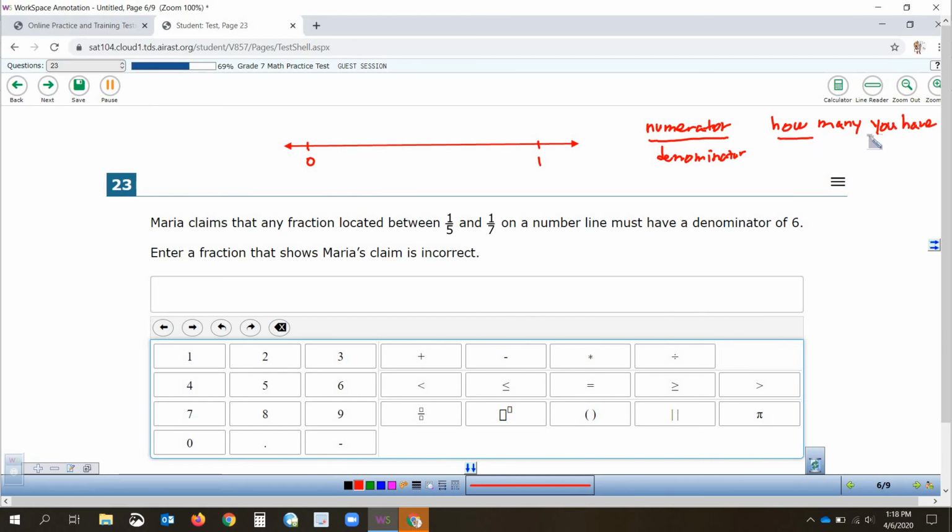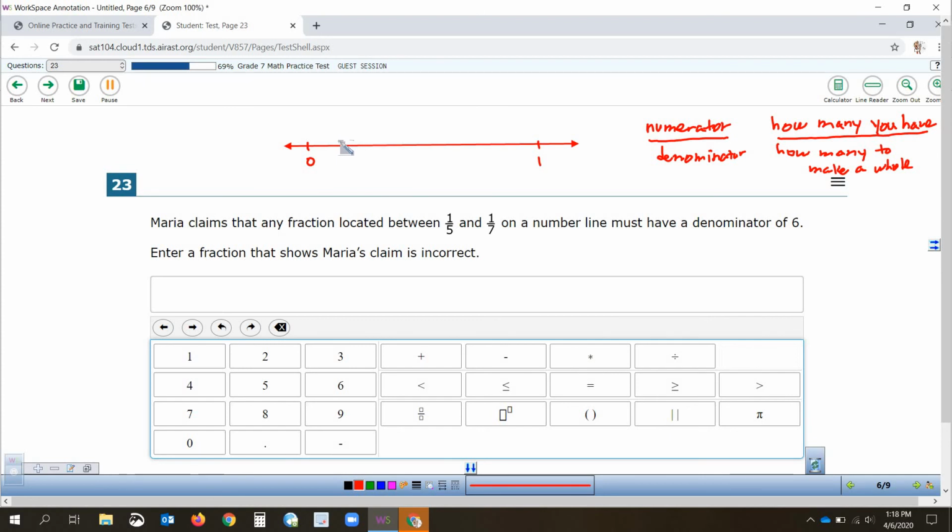And the bottom part of the fraction tells you how many to make a whole. So if I have 1 out of 5, that means it's going to take 5 pieces to make a whole.